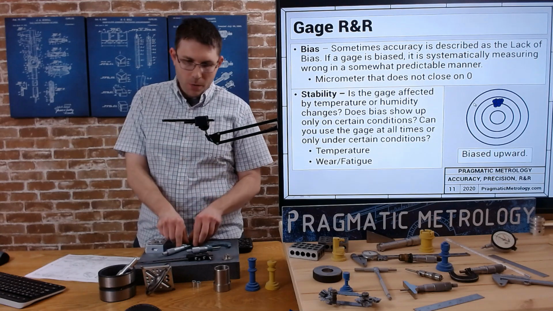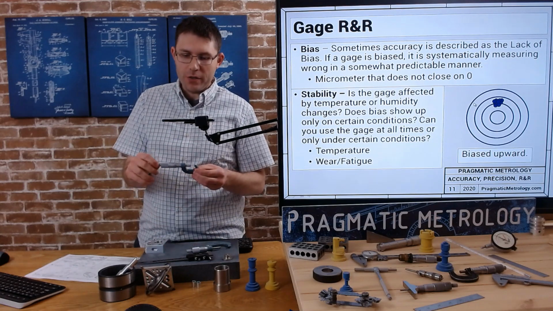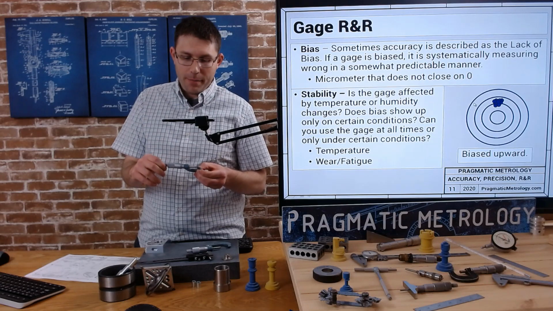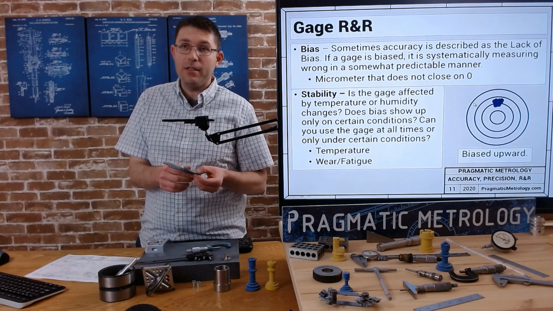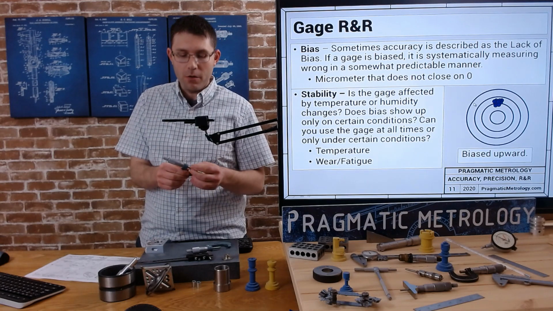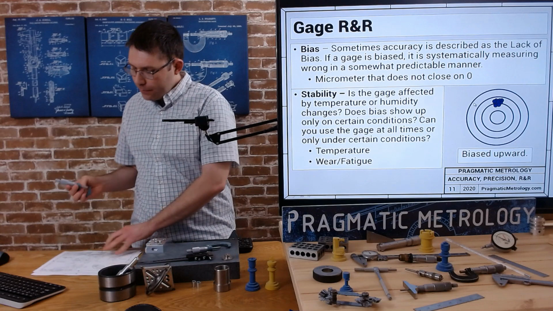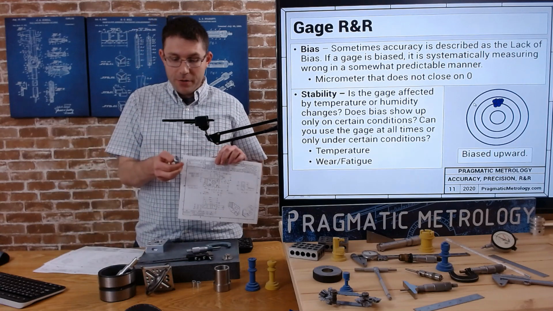For example, when your micrometers don't close on 0, which is fairly common. I've used the micrometer in multiple videos and I've had to calibrate it because it wasn't closing on 0. But if it's not closing on 0, that means there's a bias, right?